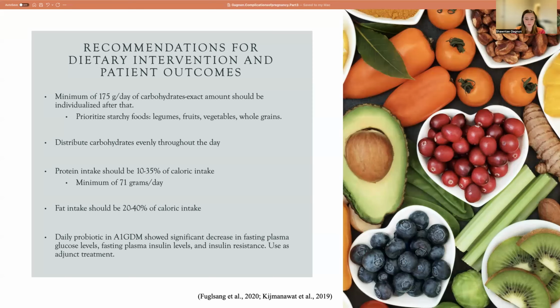So the recommendation for protein intake is to have 10 to 35% of caloric intake be from protein, with a minimum of 71 grams a day for each individual, unless they have some kind of condition where they need to be on low protein, of course. But protein is very important for pregnancy, for development of both maternal and fetal structures. So really teaching patients to prioritize that protein is important.